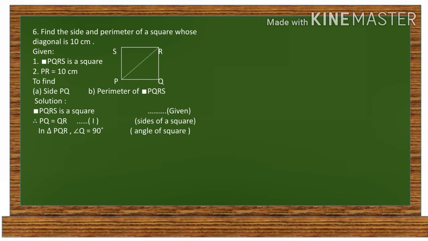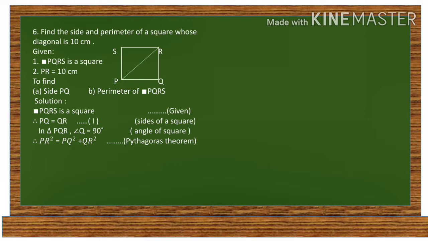Now, in triangle PQR, angle Q is equal to 90 degrees because each angle of a square is a right angle. Therefore, we can use the Pythagoras theorem here. By Pythagoras theorem, PR square is equal to PQ square plus QR square.